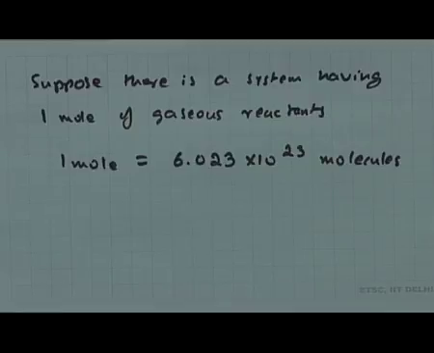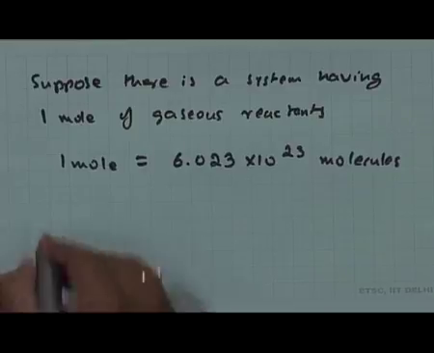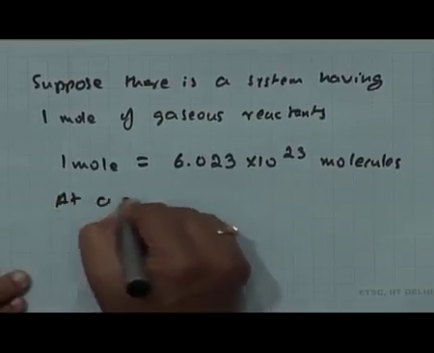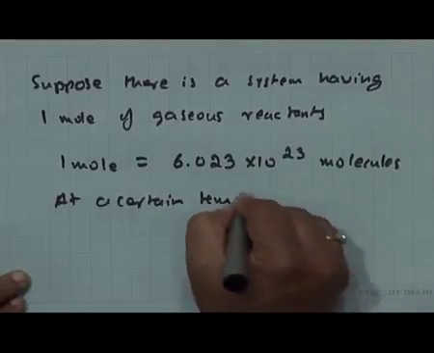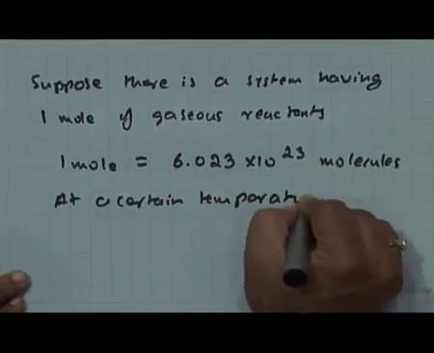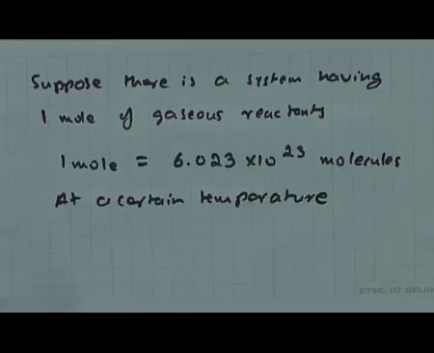So, what happens is that at a certain temperature, and I am talking about gaseous reactions, it goes back to the kinetic theory of gases, right. You must have done this in some other class.